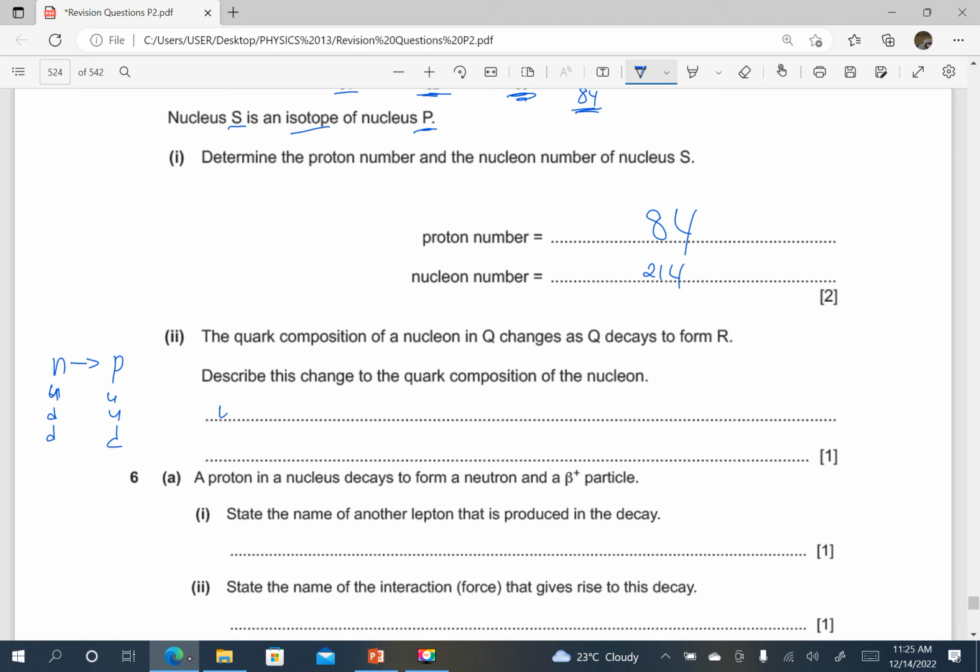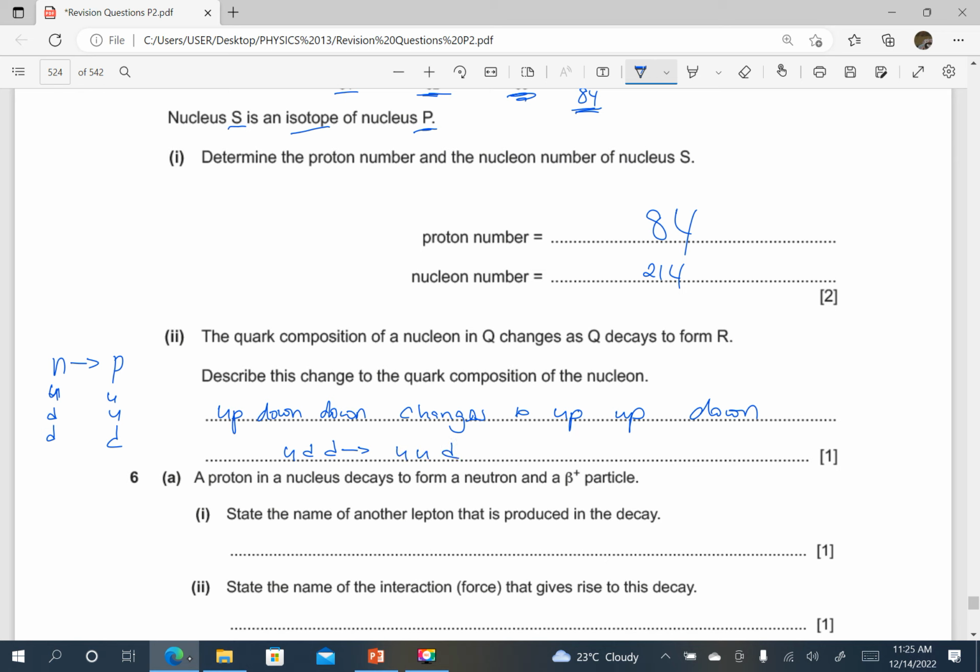So it means up, down, down changes to up, up, down. Or you can just write up, down, down to up, up, down.